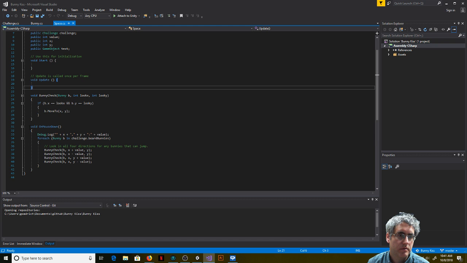But where should I put the check for jumping over the other bunny? Should it be here? Because this just gives me those simple values.